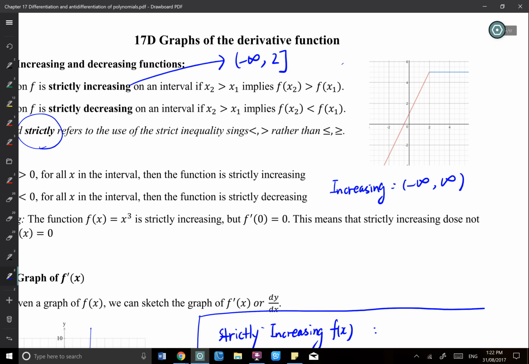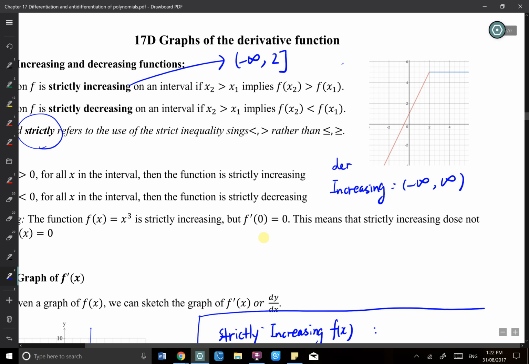Well, it can maintain the same level or it can increase. You don't necessarily increase, you can maintain the same level. This is called the increasing function. It's not strictly increasing, it is just a normal increasing function. When x increases, y does not decrease. So it's all satisfied. Y never goes down. It just maintains the same on the horizontal line.